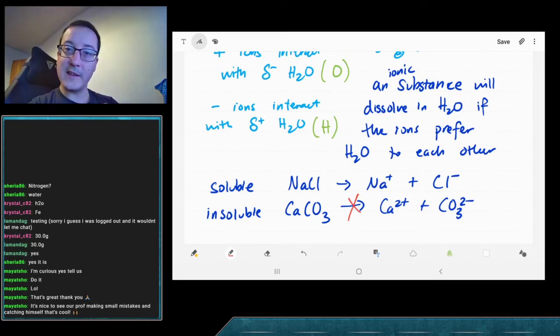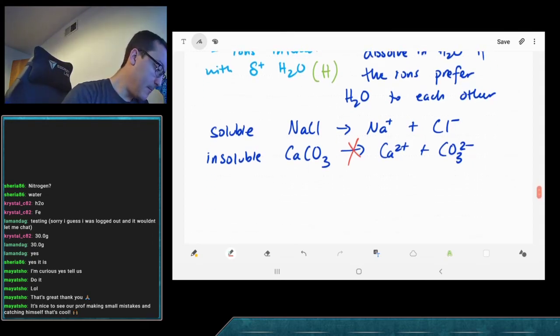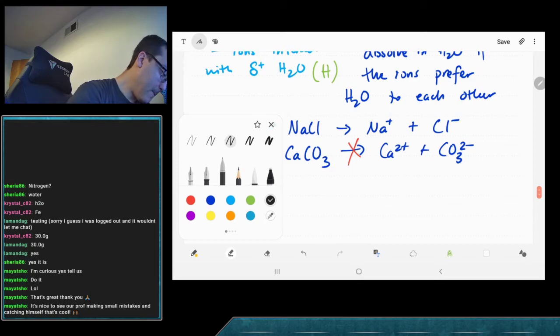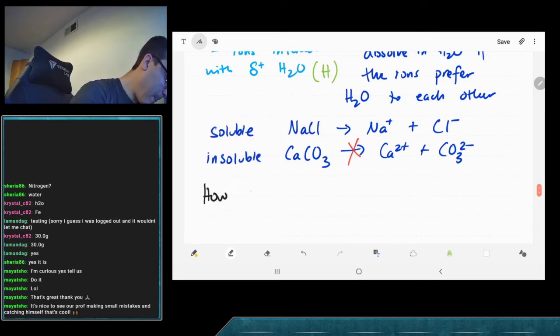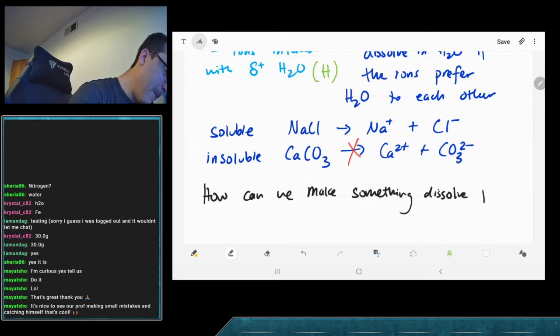However, there are ways we can try to force things to happen. How can we make something dissolve faster?